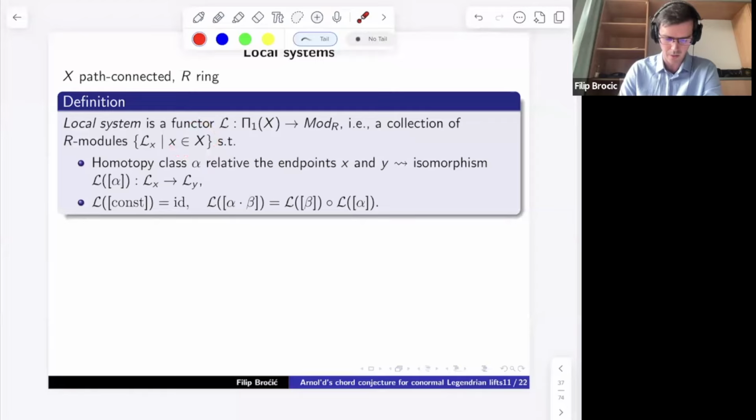The functor property is that the map associated to a concatenation of paths should be the composition of the respective maps.